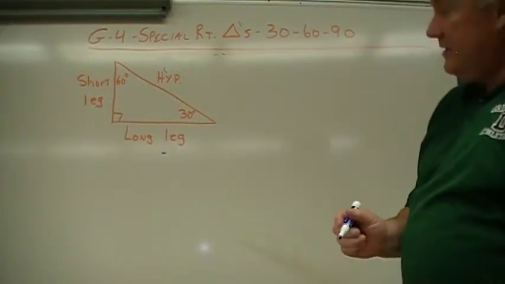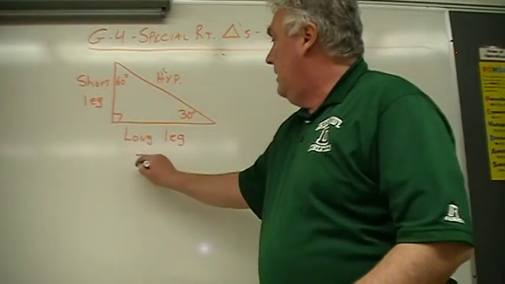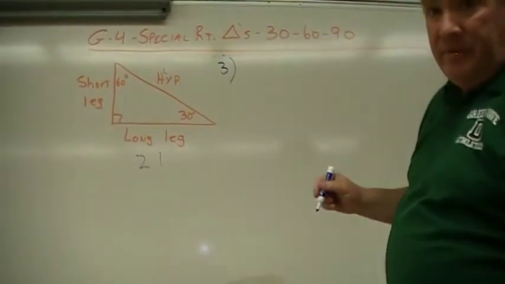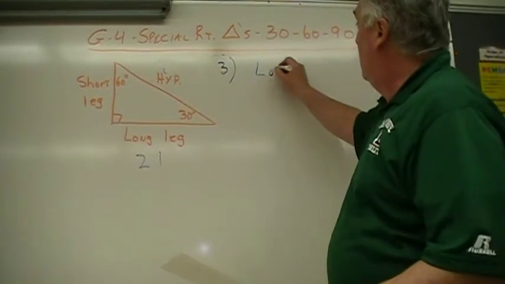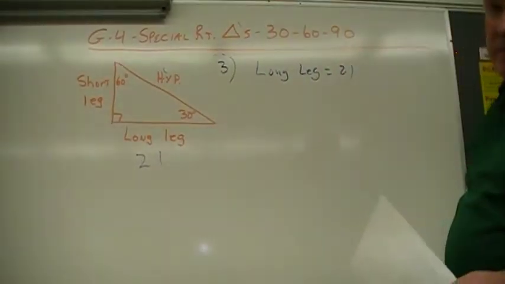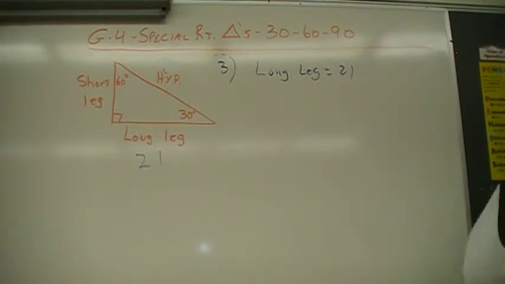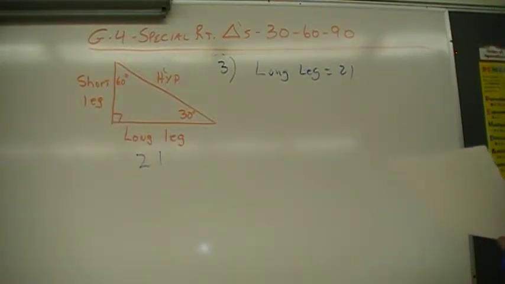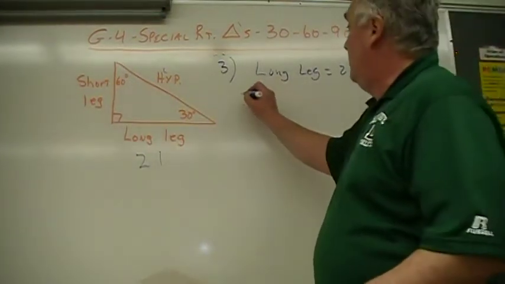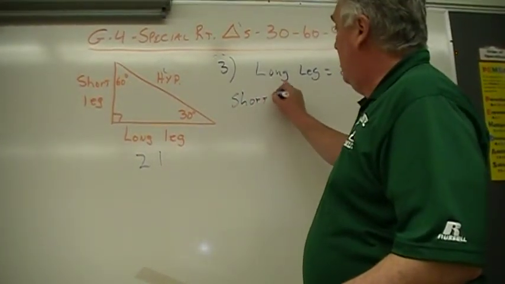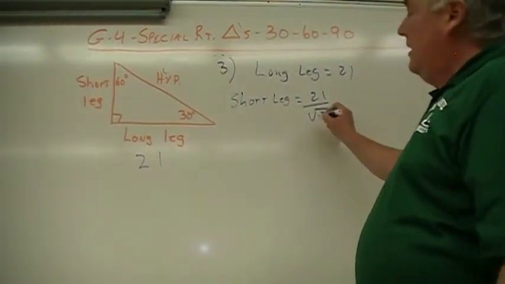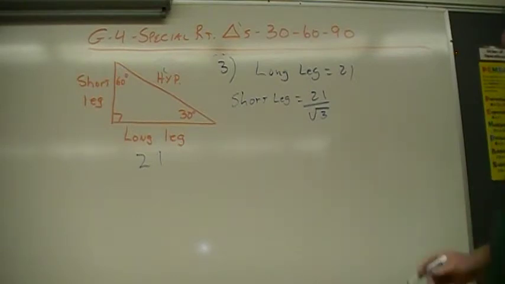So for our last example, our long leg is going to be 21. Here's problem number 3. Long leg equals 21. What's the rule say? If given the long leg, to find the short leg, divide by the square root of 3. So, short leg equals 21 divided by the square root of 3.